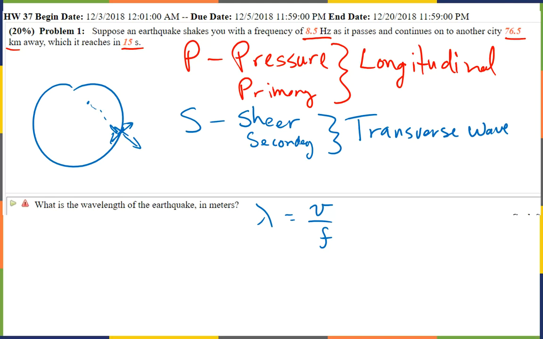No. What do I have to do? Convert kilometers to meters and divide that by 15. Okay, velocity is equal to distance over time. So that's going to be 7,600 meters. There, I converted it from kilometers to meters, divided by the time of 15 seconds. And that's 5,100.